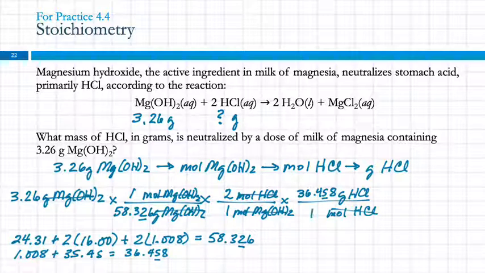And a 1 down here. Got all my numbers in there? Now I multiply and divide. 3.26 divided by 58.326 times 2 times 36.458 equals.